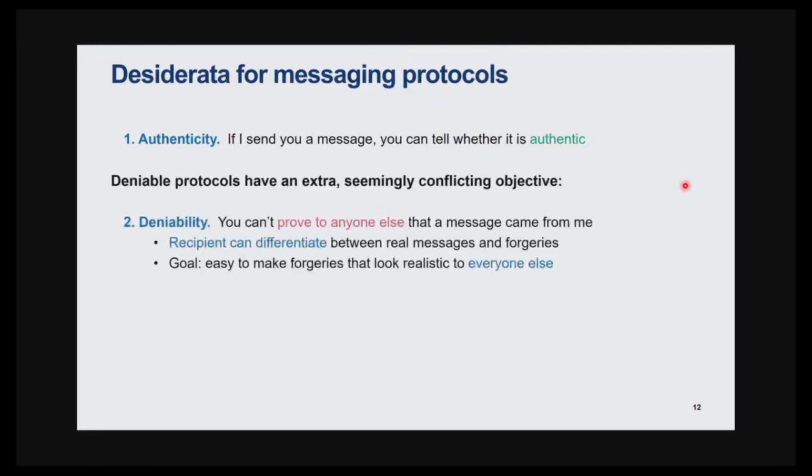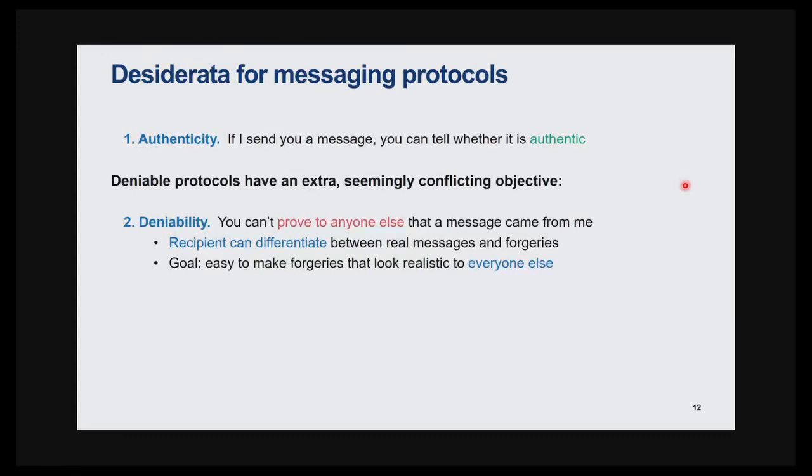Deniable messaging protocols do provide authenticity, but they have this additional property that even though I can verify that a message came from Lachlan, I'm not able to convince any of you that Lachlan sent this message. So I want authenticity, but he wants that I shouldn't be able to convince anybody else that he sent me a message.